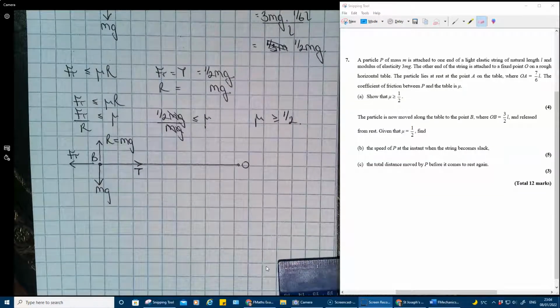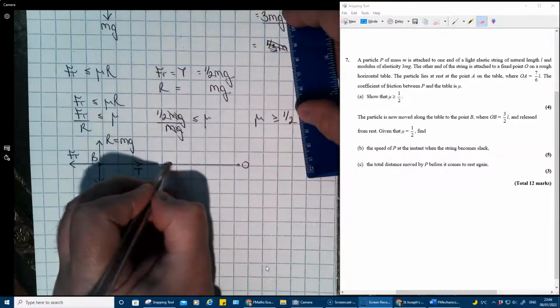It's moving, so friction is at its maximum, and we're looking for when the string becomes slack.